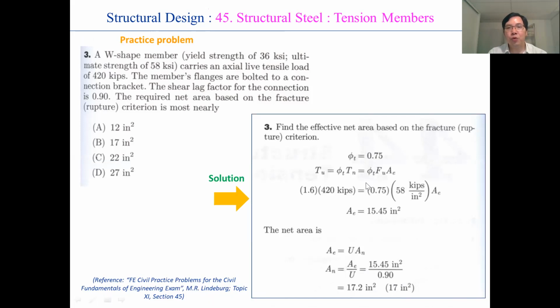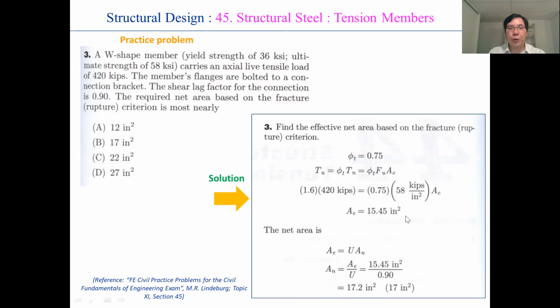Phi sub T equals 0.75. After that you calculate the ultimate value of T: Tu equals phi sub T times Tn, which equals phi sub T F sub u A sub E. After that, you can find the value of A sub E, which is equal to 15.45 in square.